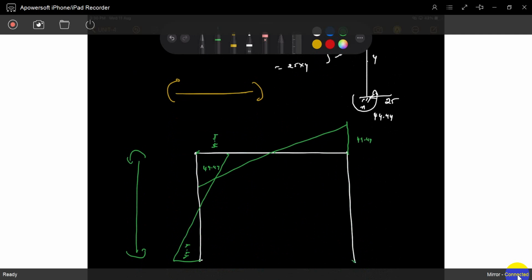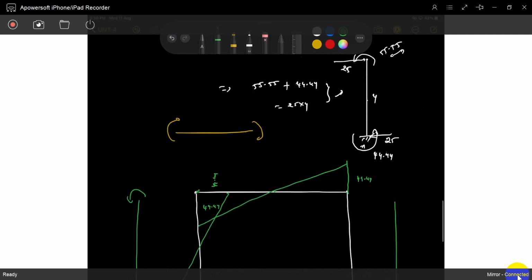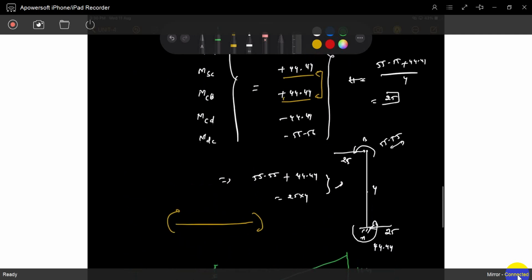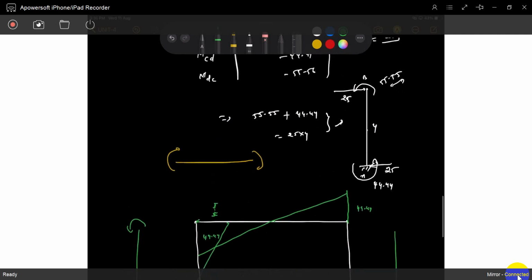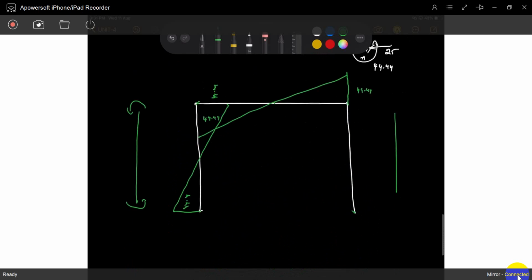So same thing, this also both are negative. MCD, MDC, both are negative. MDC is 55, negative, na? Negative means anti-clockwise. This is also negative. Anti-clockwise. Which one is hogging? This one is hogging, this one is sagging. Okay, that's it, na?